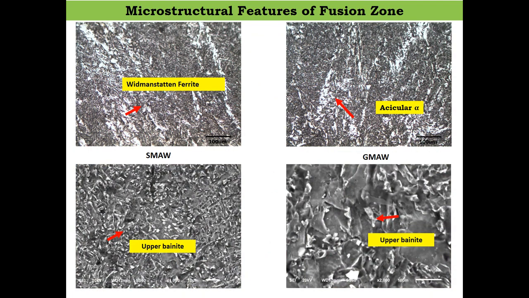This slide shows the microstructural features of the fusion zone in SMAW. Widmanstätten ferrite structure was achieved, and in GMAW acicular alpha structure was achieved. And this is the upper bainite microstructure on both sides.